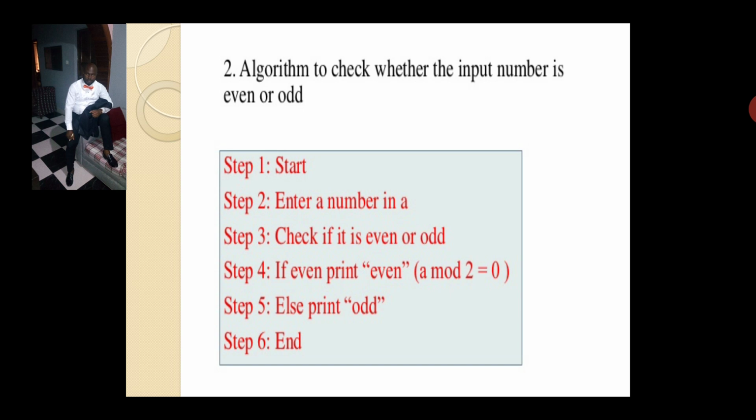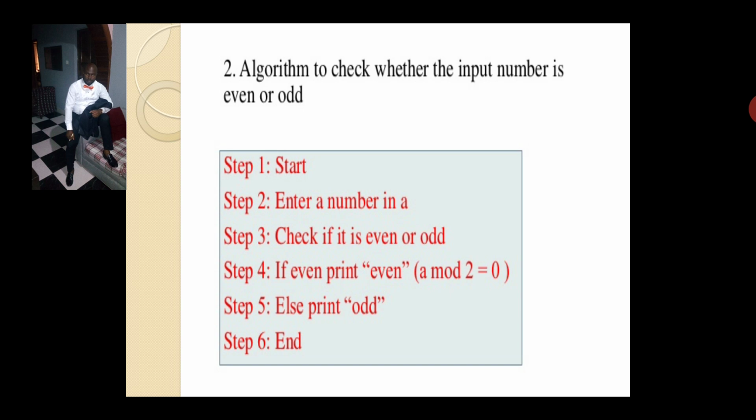At this point in time, you have to check whether that number that you have entered is even or odd. That is where, if you are drawing a flow chart, your decision symbol will come. So step 3, check if it is even or odd.